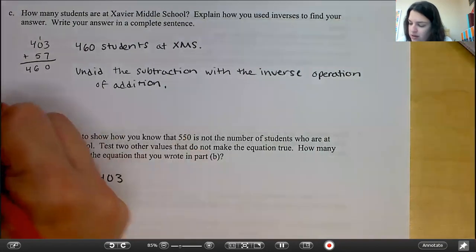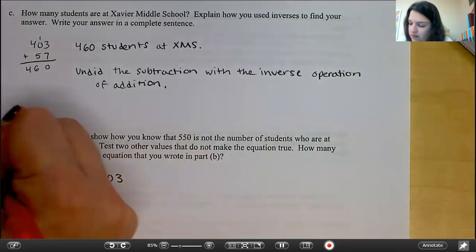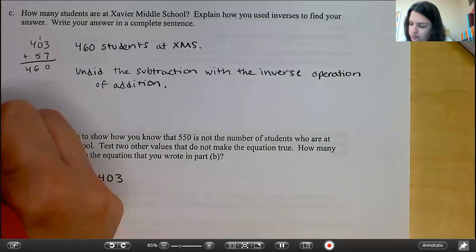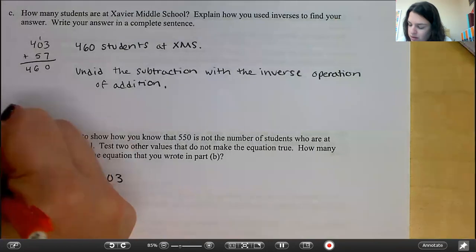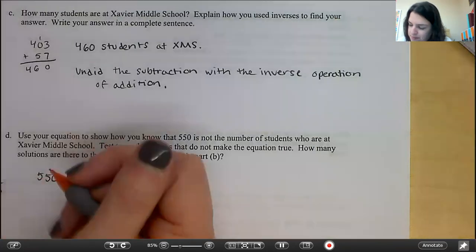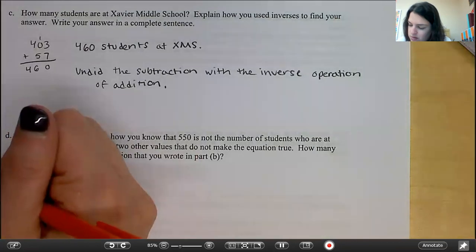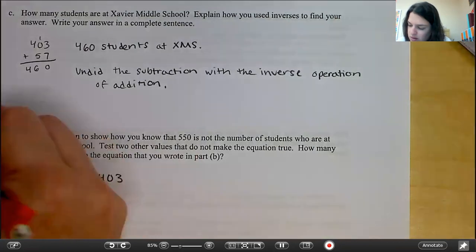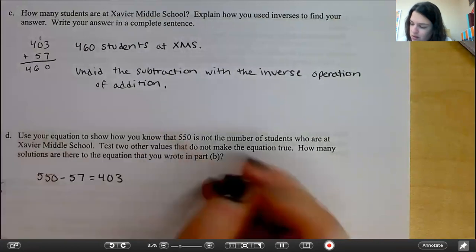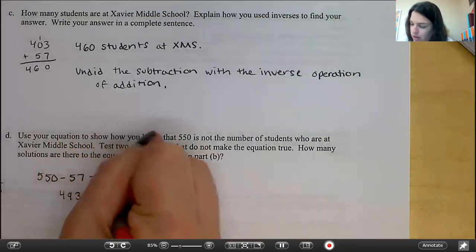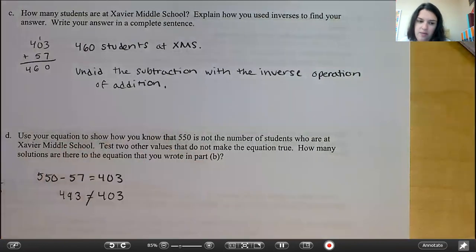So 550 minus 57 gives us 493 equals 403. That is a false statement, so it's not true.